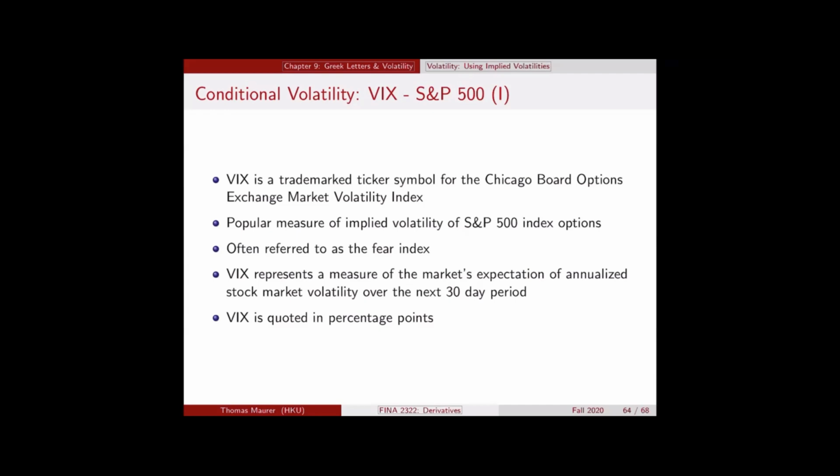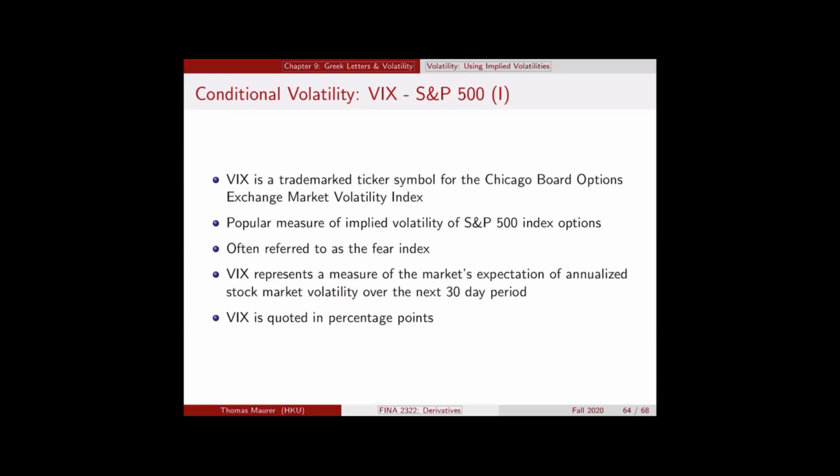So the VIX has become very popular as an indicator of how risky the market is at the current time, or how risk changes through time. And it's also often referred to as the fear index.